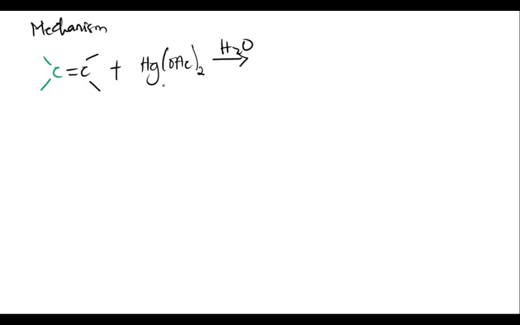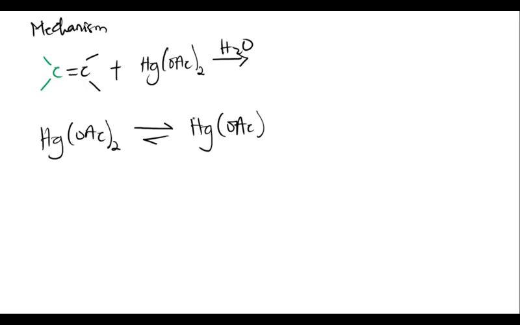Now the mercuric acetate we have over here has to undergo dissociation. Okay, so the mercuric acetate over here, OAc, will undergo dissociation to produce ions. So it will produce this ion. The mercury has a lone pair, so it will produce this ion and then another ion, this ion as well.